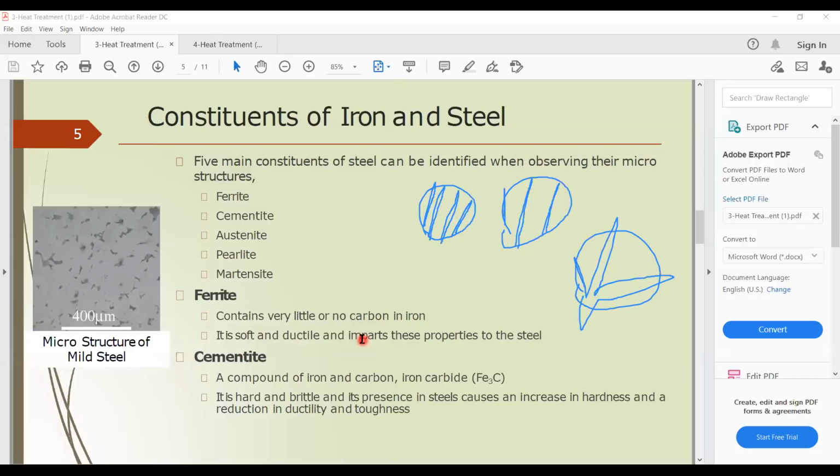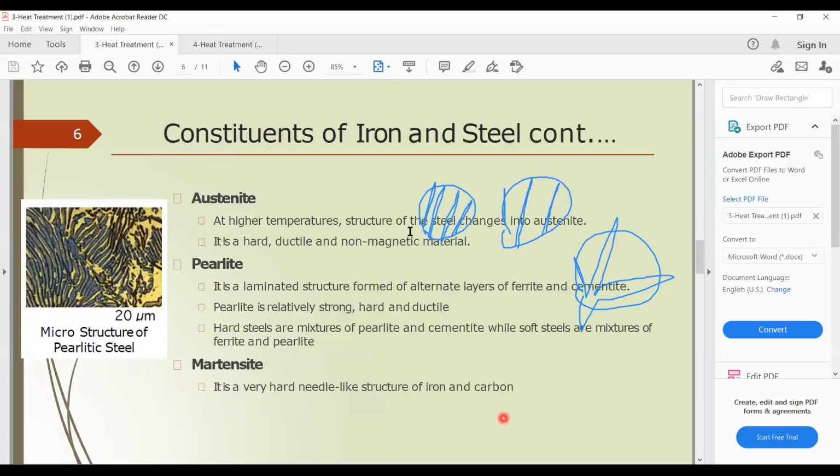If you see the austenite structure, it can be formed only at a higher temperature. When you heat that metal at a higher temperature only, the microstructure of that steel changes to this austenite form.